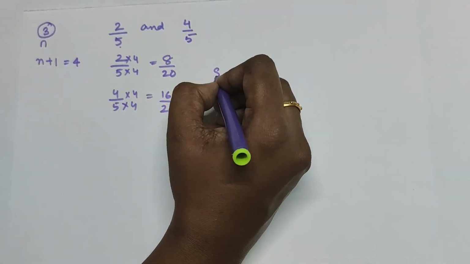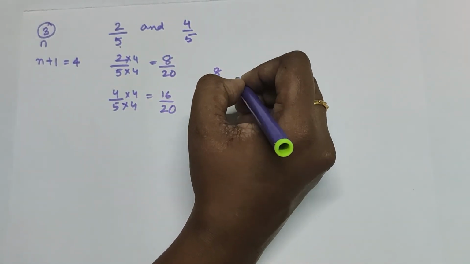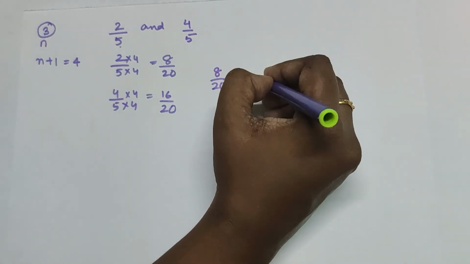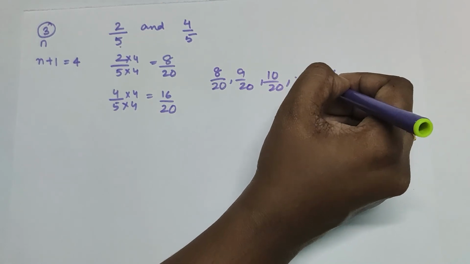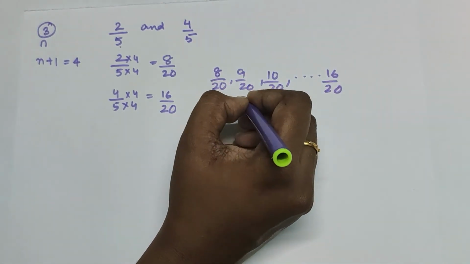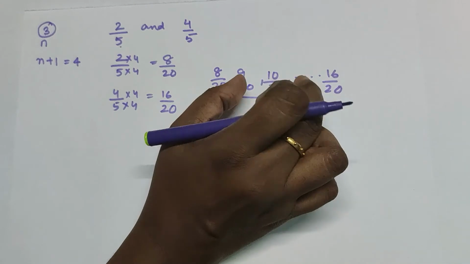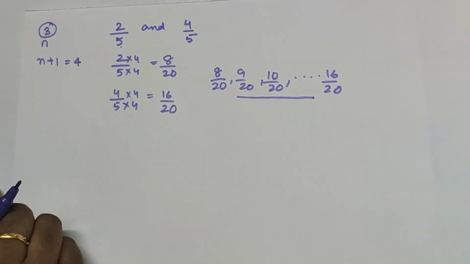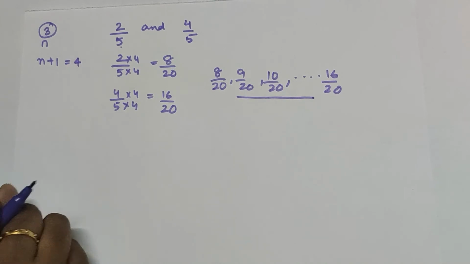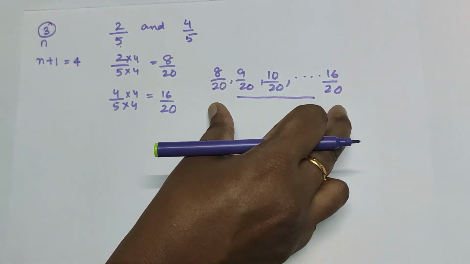So all the numbers 8/20, 9/20, 10/20 and up to 16/20 lie in between, and we can take any 3 rational numbers. That will be my answer. It may not be the same for all, but it will lie between these two limits.